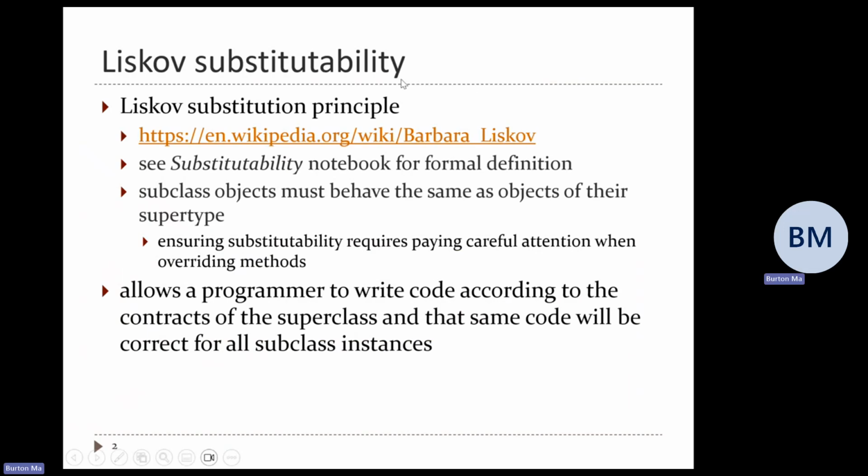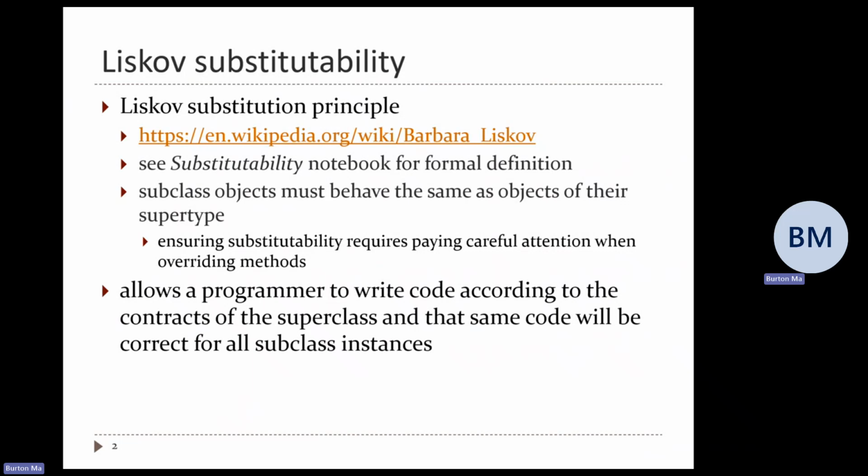Someone actually figured out what this is supposed to mean: Dr. Barbara Liskov, who is still alive as far as I know. She and her graduate student came up with what's called the Liskov substitution principle. There is a formal definition for this in the course notebook called Substitutability. You can also Google it.